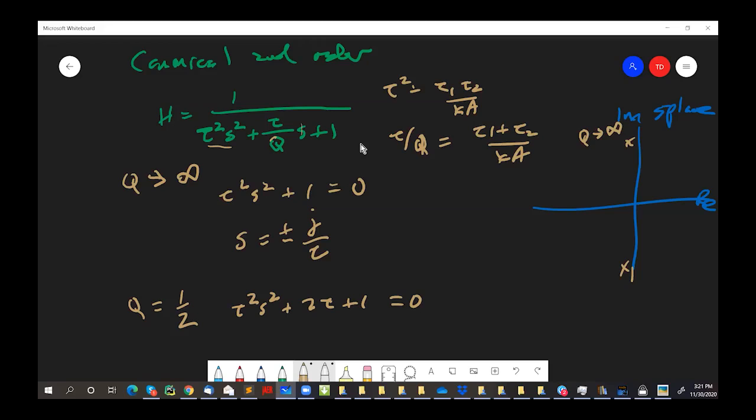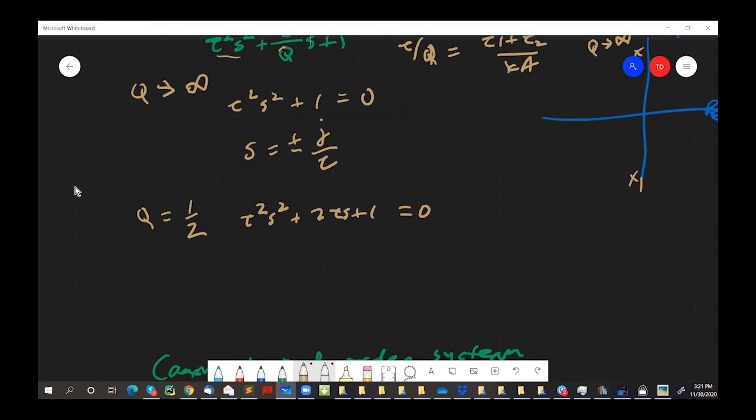What s solves that? This is kind of cool, actually. Q equals 1/2, then you'll notice that this is a perfect square. This is tau s plus 1 squared equals 0. So now what s solves that? s equals minus 1 over tau, right?